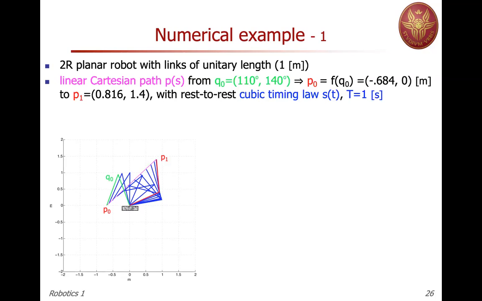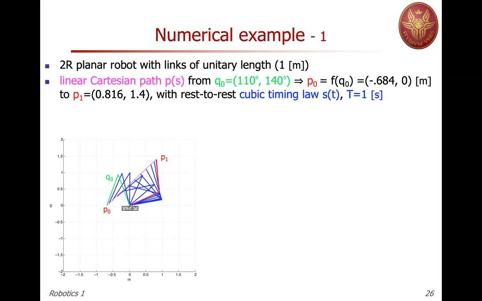Associated to this configuration by direct kinematics, we have a position P0. And we would like to get on a straight line, so a linear Cartesian path, to a point P1, which we specified as 0.816 and 1.4 in the plane XY. And you can see this.